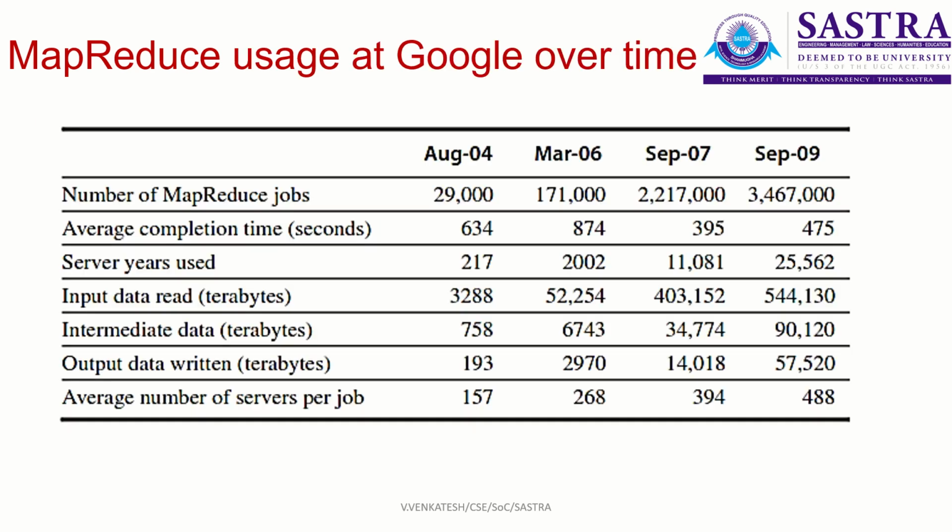This slide gives information about MapReduce usage at Google over time: the number of jobs, the completion time, the input data size, the size of the intermediate data, the size of the output, and the average number of servers involved in completing that process. Month wise they have given the results available for each function.